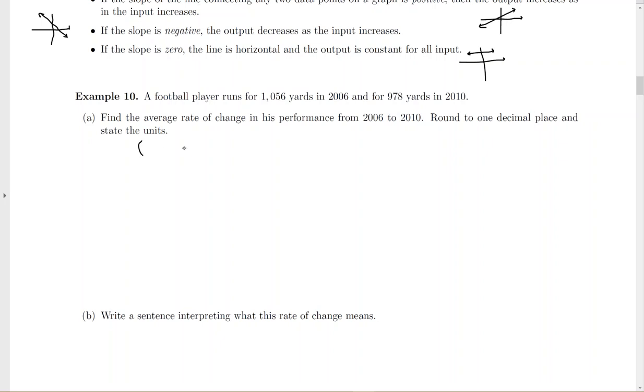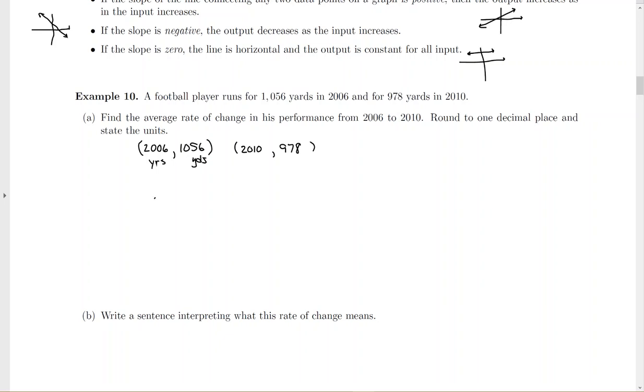Remember when we said we're going to come up with points, our x value will be represented by a time unit. 2006 for the years, 1,056 for the yards. So this is years, this is yards. Our second point, same thing. The year 2010, and the yards, 978.